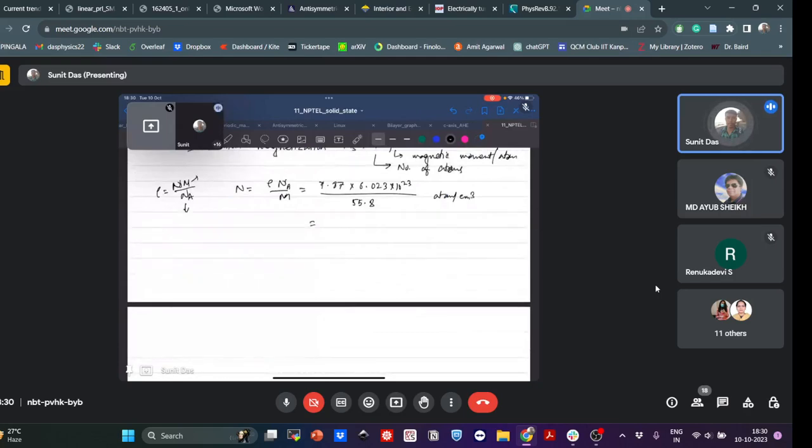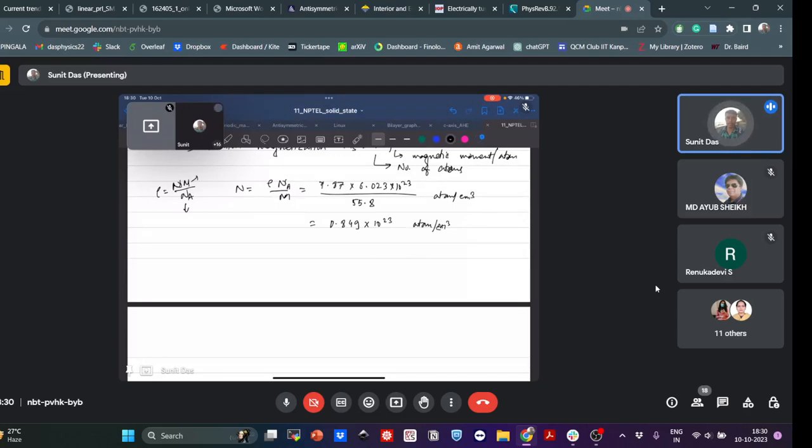So the total number of atoms per unit volume is 0.849 into 10 to the power 23 per cm cube.